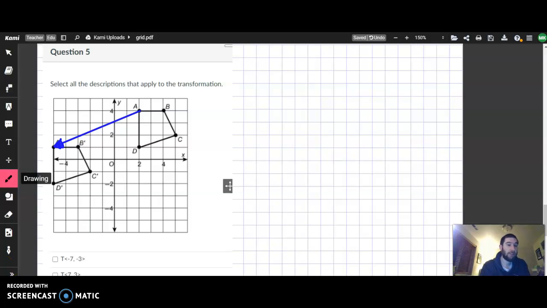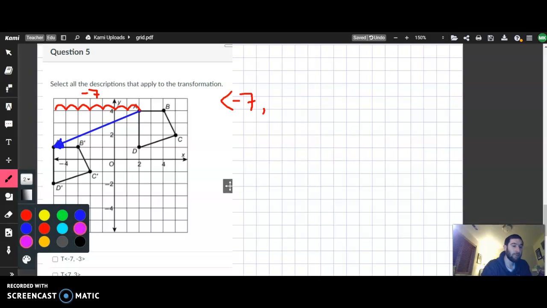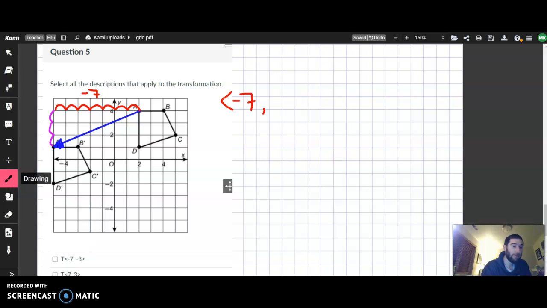The x change is going to the left 1, 2, 3, 4, 5, 6, 7. So that is a negative 7 for our x component in our vector. Then the y component, the y part. So we're going 1, 2, 3 down. Voila! That is our component for the y, component for the x.